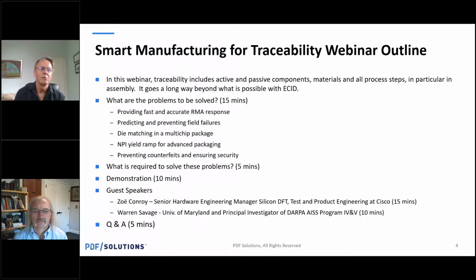In this talk, we're going to start off by going over some real-life use cases which illustrate the problem that we're trying to solve.